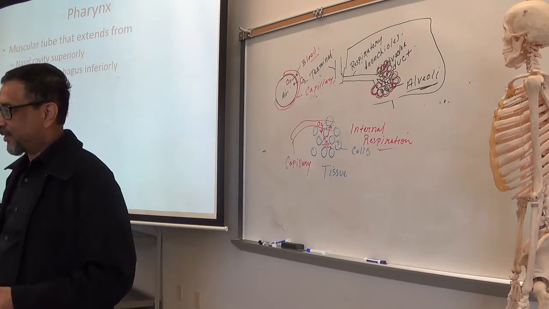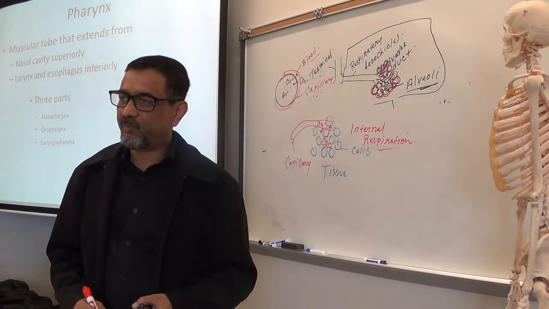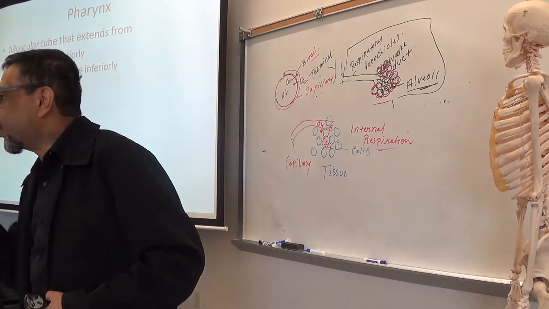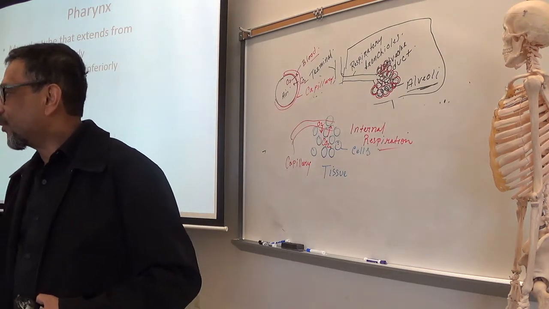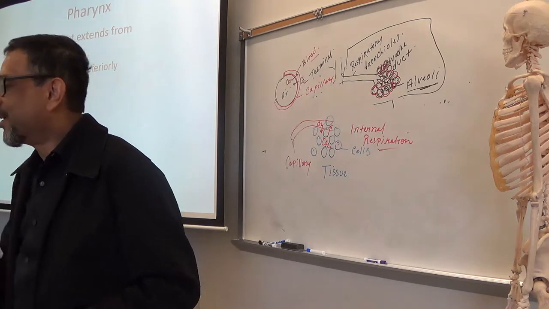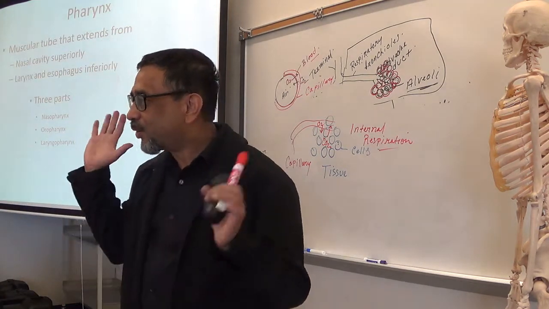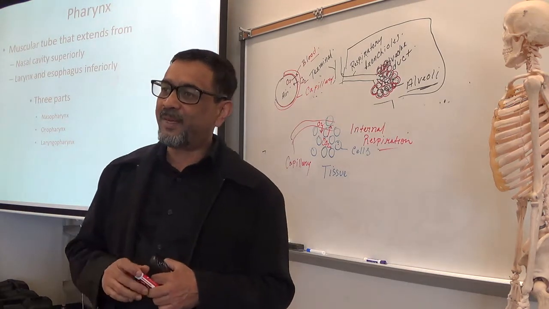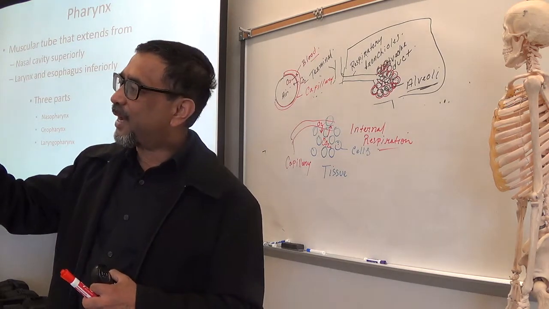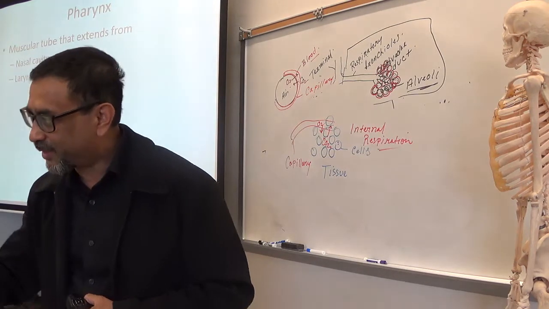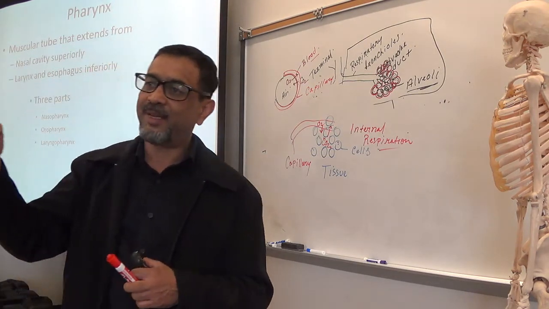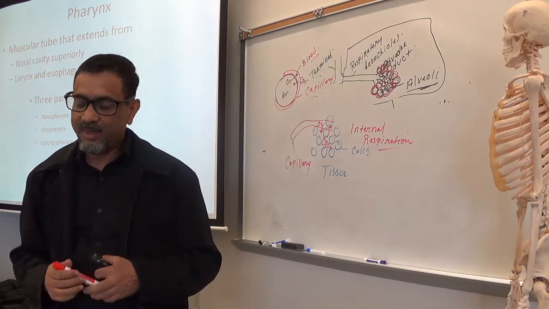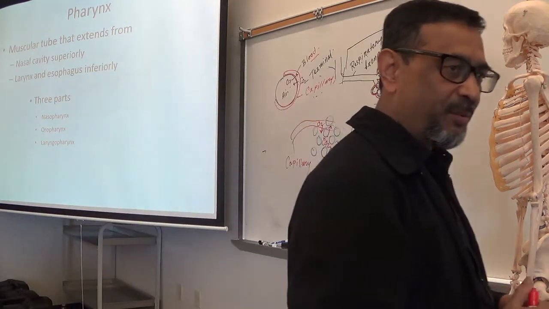That's the first part, next to the nose. Oropharynx. Oro means what? Oral? Mouth. So the oropharynx is next to the mouth. Makes sense? Behind the mouth. And the laryngopharynx is the last part. Why? Because it continues as the larynx, the last part. So those are the three parts of the pharynx.